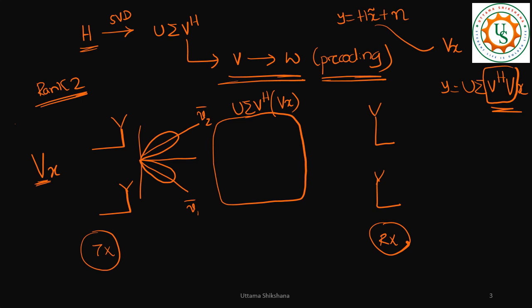So by the time it comes out, after the channel, at the receiver point, what we get here is just U sigma X.